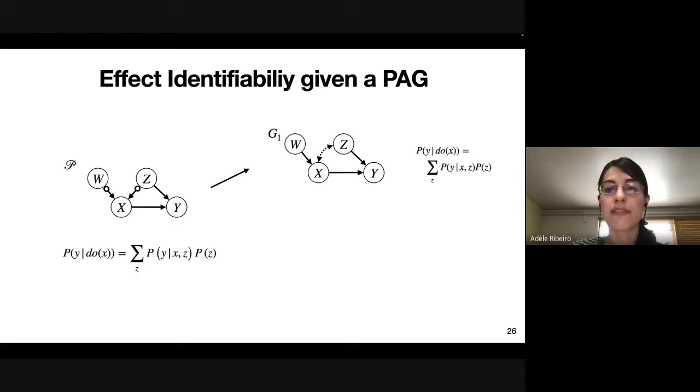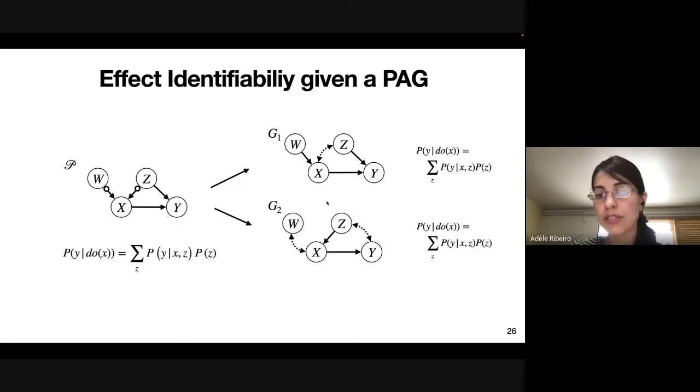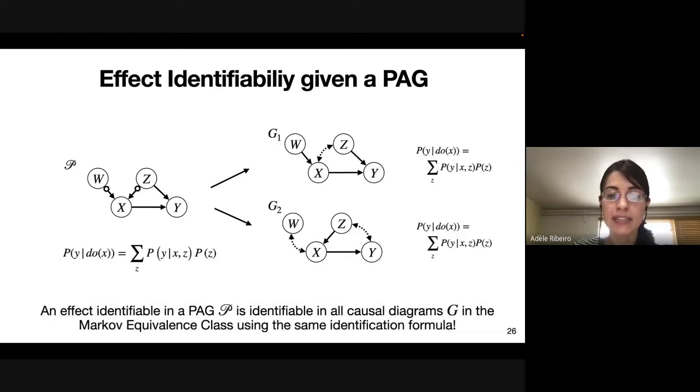And this means that if this is the causal diagram, a possible causal diagram for this, that's a member of this equivalence class, and this is the true causal diagram, then the effect will be computed using the same formula. It could be another one. This is another causal diagram compatible with this knowledge in the PAG, and the effect is again identifiable using the same expression. So every time that the effect is identifiable in a PAG, it's identifiable in the entire Markov equivalence class using the same identification formula.